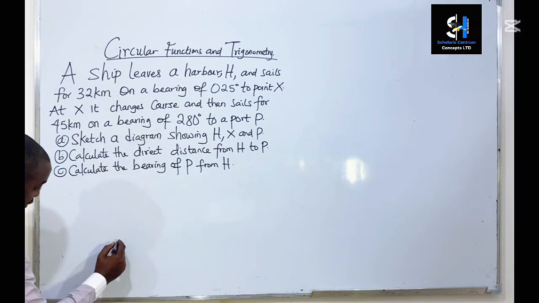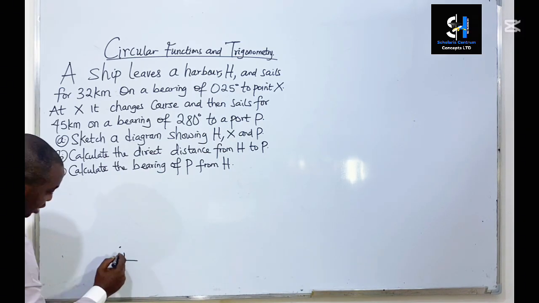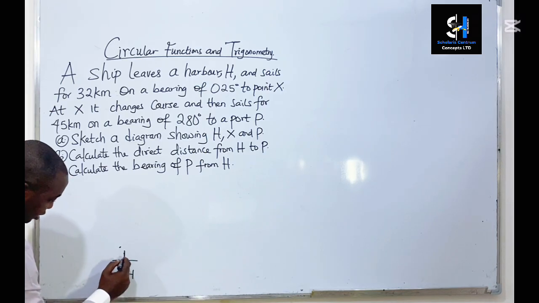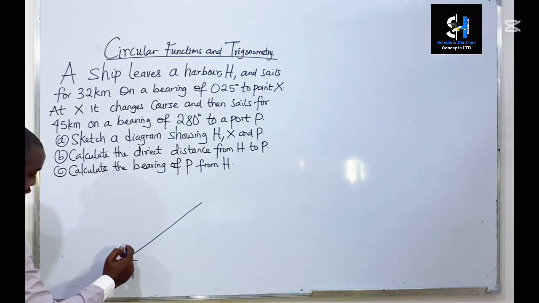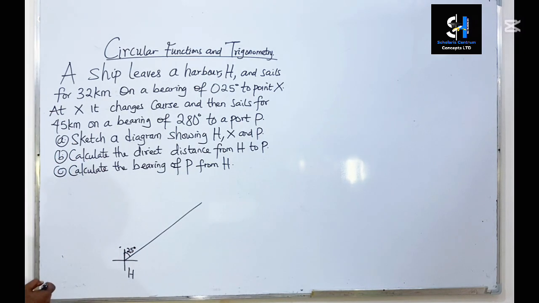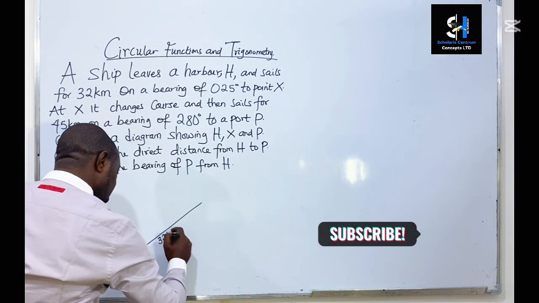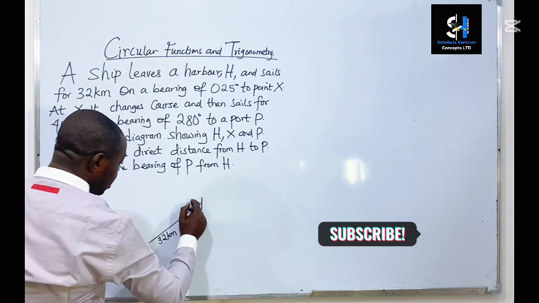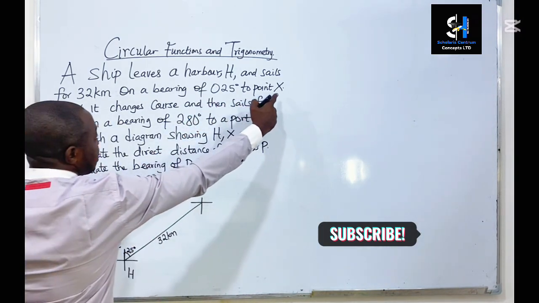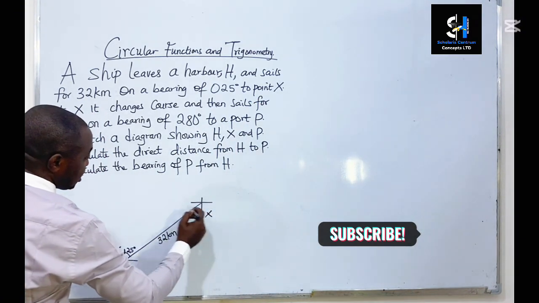This is H, where it leaves the harbor, then on a bearing of 25 degrees, at a distance of 32 kilometers, to point X.